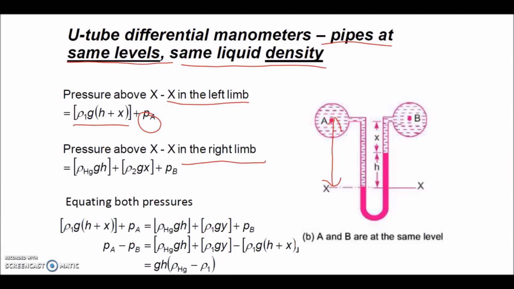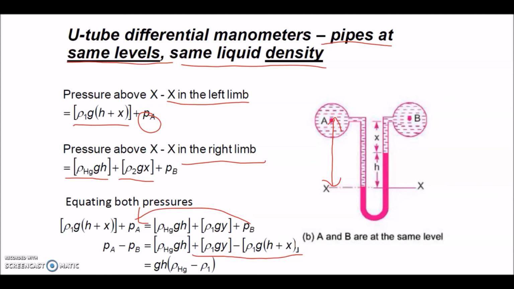We have X and H. This one is for mercury. This one is density 2 for X and H. And then we equate both pressures. We bring PB to the left side, so the difference is PA minus PB. With simple mathematics, you can cancel Y.